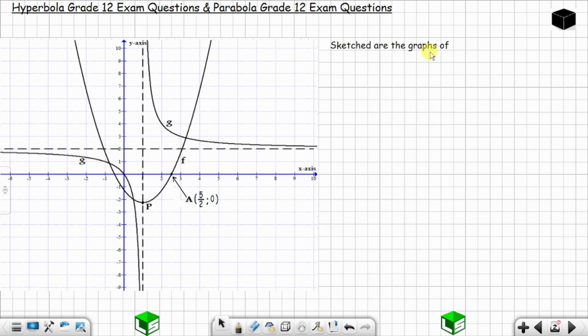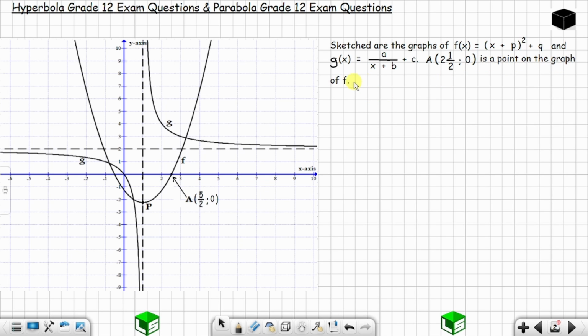Sketched are the graphs of f of x is equal to (x plus p) squared plus q, and g of x is equal to a over x plus b plus c. The point A with coordinates 2.5 and 0, the x coordinate and the y coordinate, is a point on the graph of f.